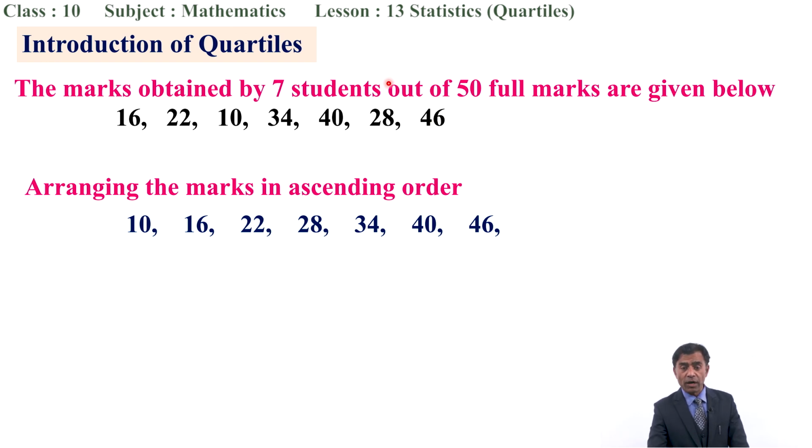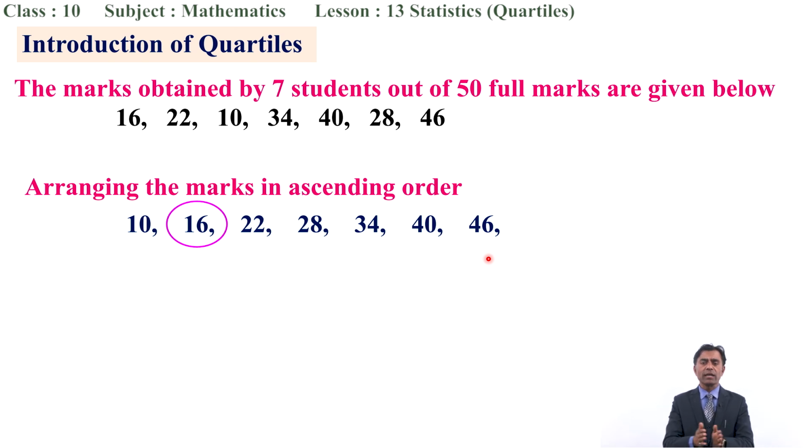So write them in ascending order. From the given marks, 10 is the smallest one, and then 16, 22, 28, 34, 40, 46. This is in increasing order, that is called ascending order. From the given data, after that, we can find first quartile, second quartile, and third quartile. Look here, 16, and then next one is 28, and then next one is 40.